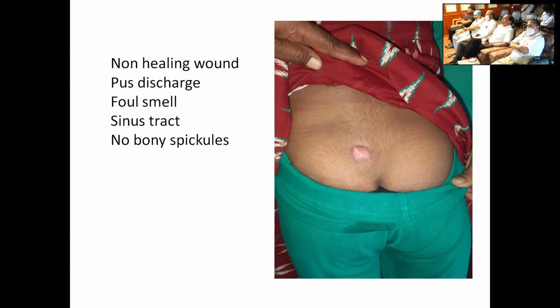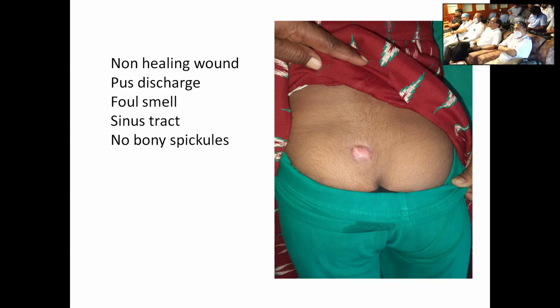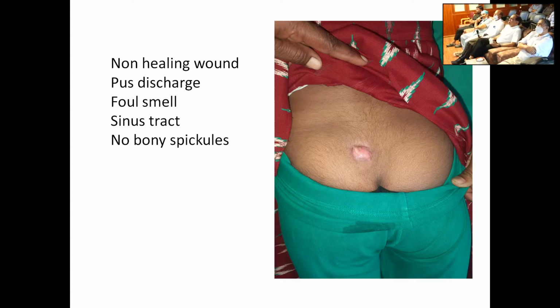Child, some swelling like this. There is a frank pus discharge, yellowish pus. Chronicity means bone must have been involved. Sacrum is a subcutaneous bone. And it is puckered. Yes, sir.